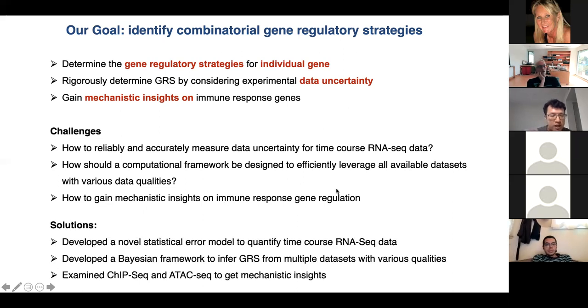The solution was to develop a novel statistical error model to quantify time course RNA-seq data. Secondly, we developed a Bayesian framework to infer GRS from multiple data sets with various qualities. Finally, we examined ChIP-seq and ATAC-seq to get mechanistic insights about those gene regulatory strategies.